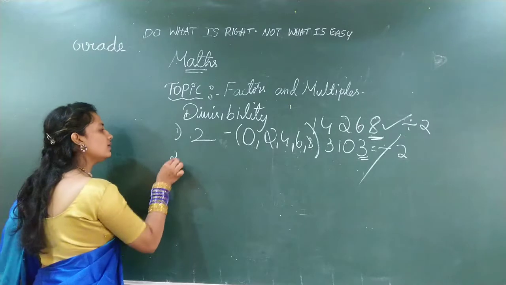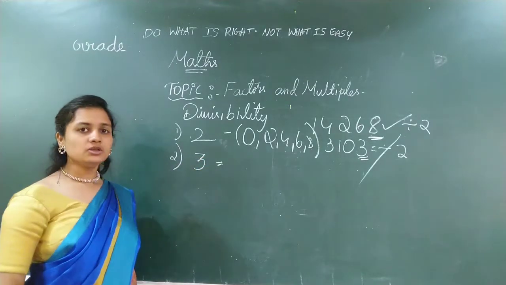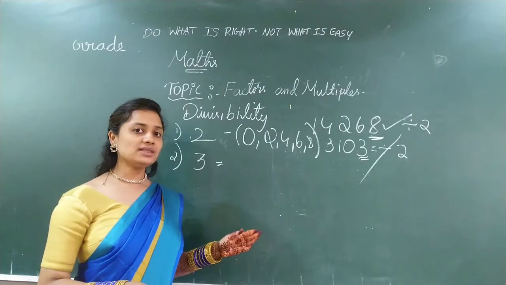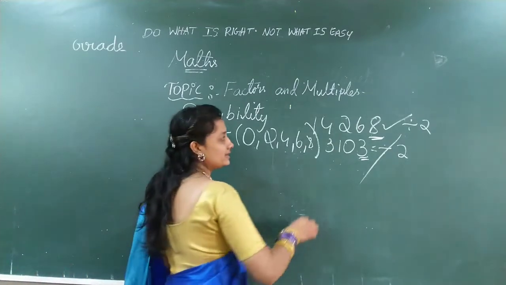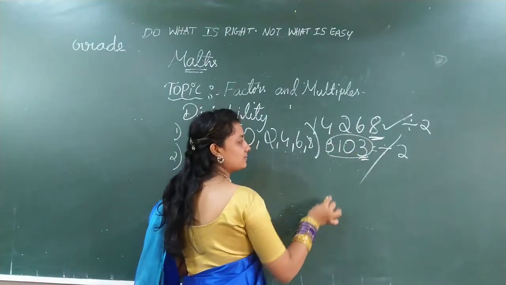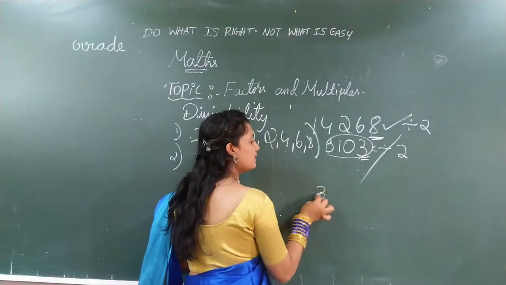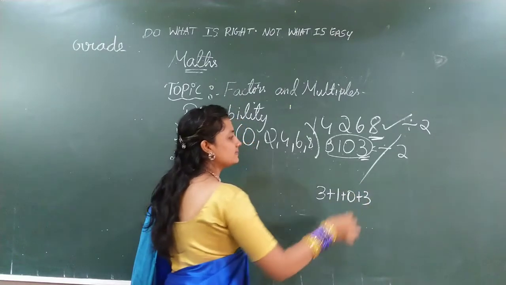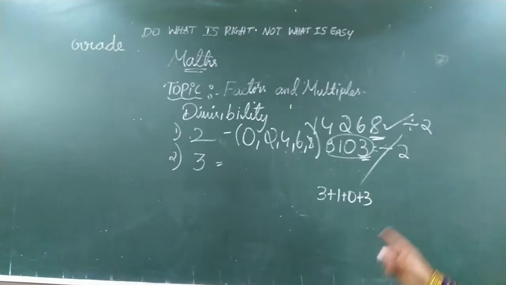Now let's go for 3. For 3, you should add all the digits of the number and check whether the answer is divisible by 3 or not. Let us take the second one here. What is the number given here? You should add all of the digits: 3 plus 1 plus 0 plus 3.